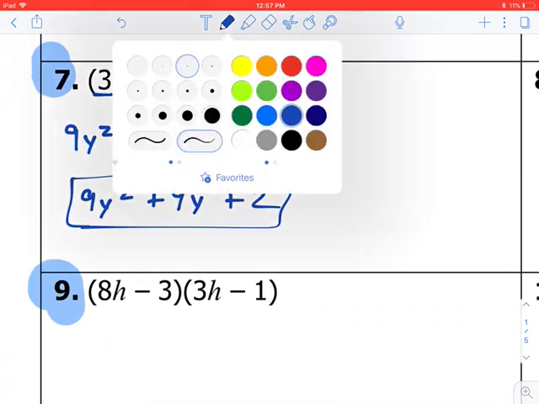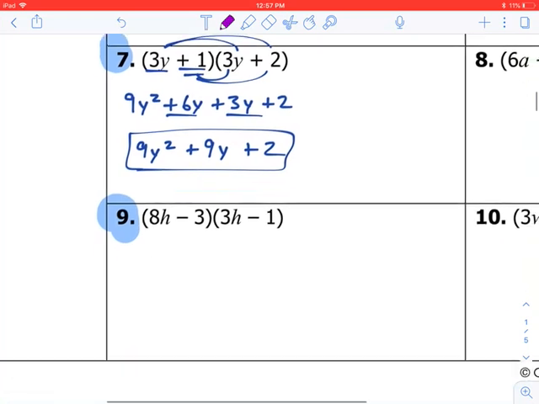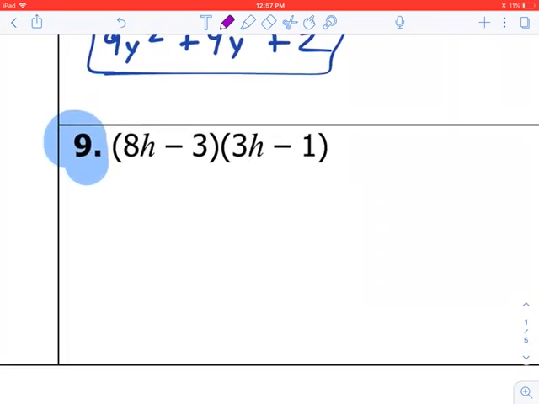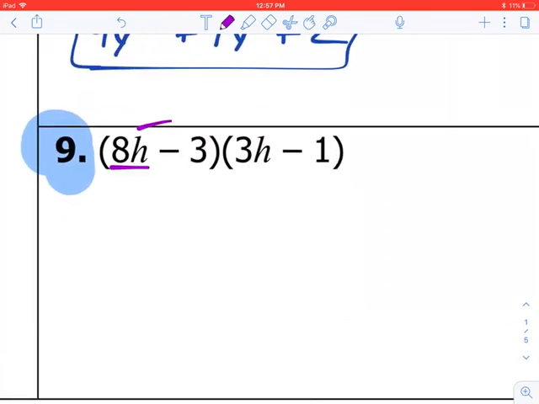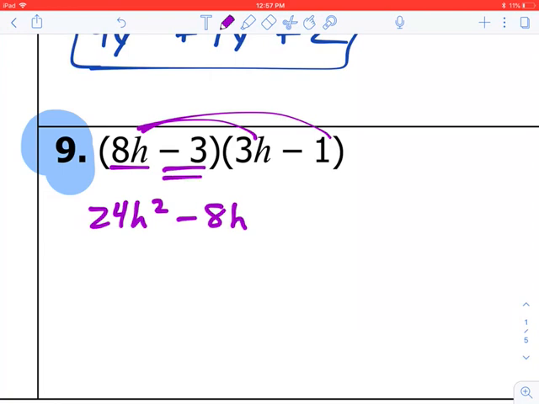So, one more on this page. We've got 9 here as 8h times both. So 8 times 3 is 24. H times h is h squared. 8 times negative 1 is negative 8h. Now we move on to negative 3. Negative 3 times 3 is negative 9h.